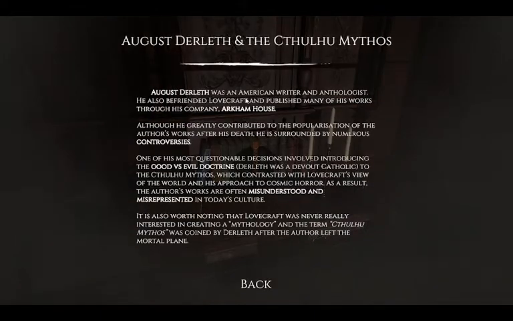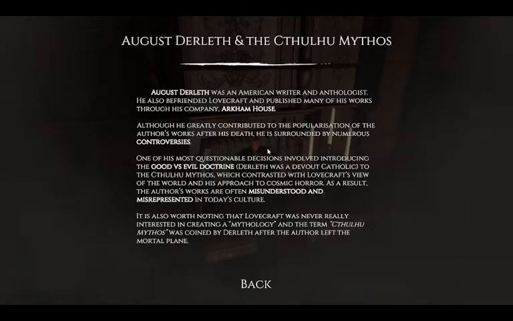Necronomicon. August Derleth was an American writer and anthologist. He also befriended Lovecraft and published many of his works through his company, Arkham House. Although he greatly contributed to the popularization of the author's works after his death, he is surrounded by numerous controversies.